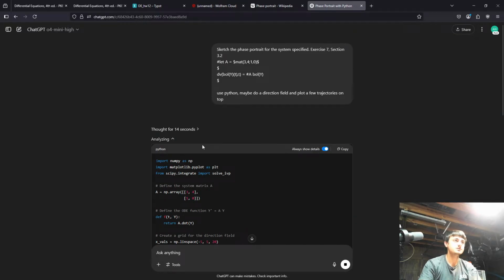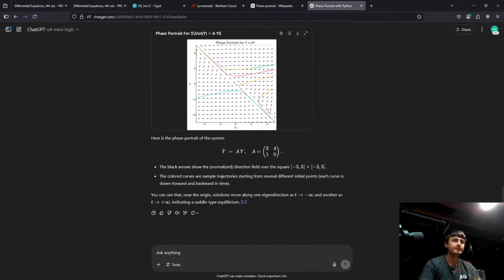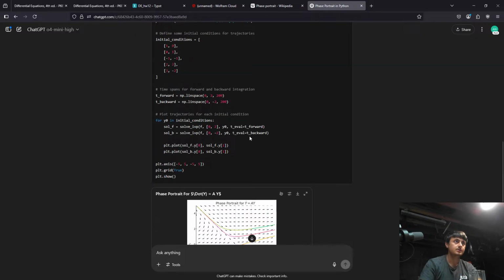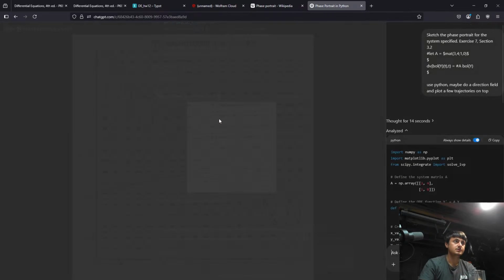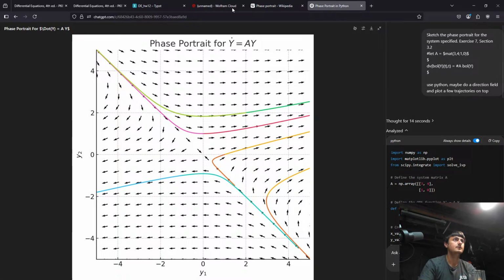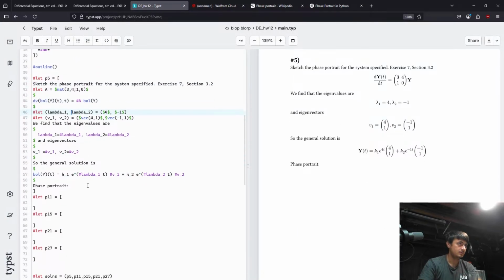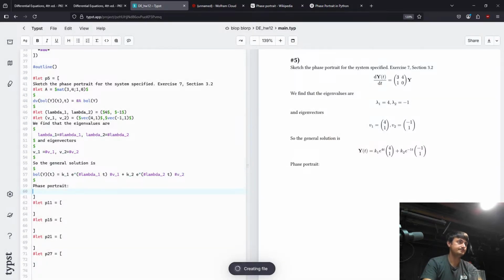Ugh, I love that it just doesn't show the plot. There we go. Okay, I don't know why it didn't. All right, good. That looks good. So this is problem 5.